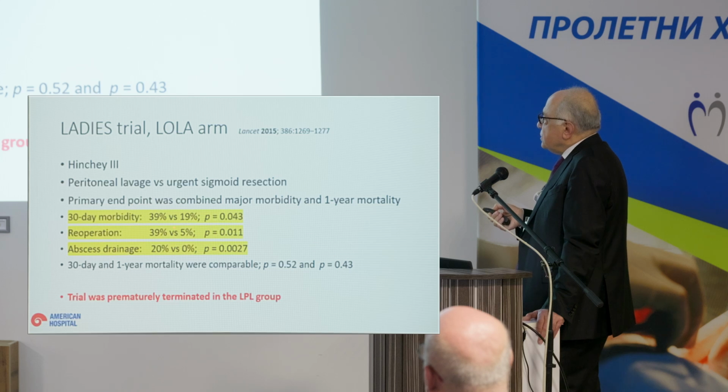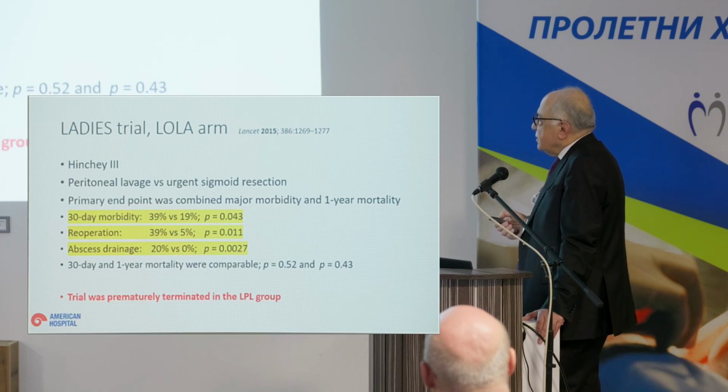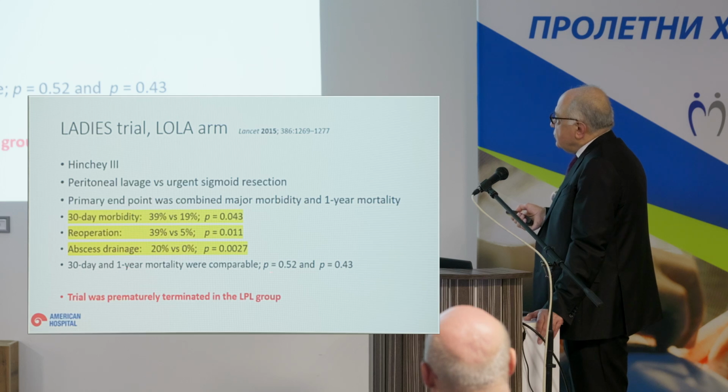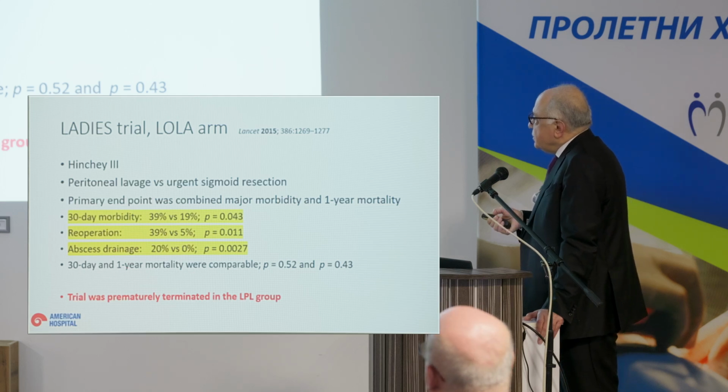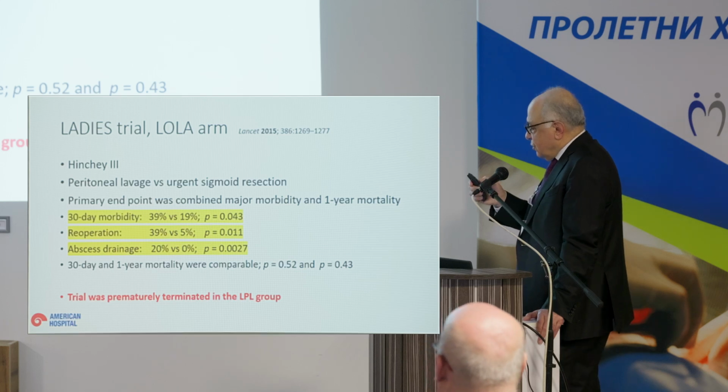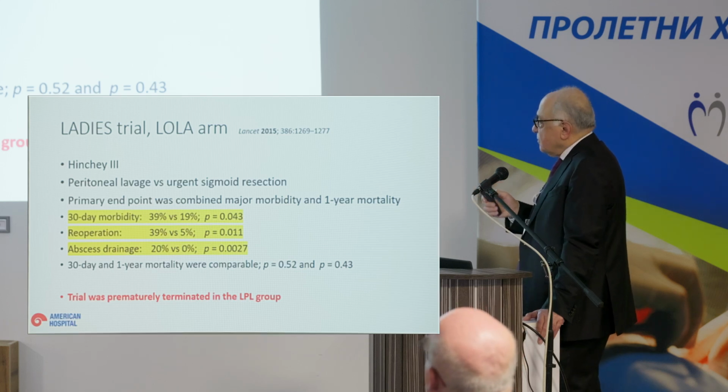The reoperation rate was again very high, 39%. And the need for abscess drainage after the procedure was high, about 20%. But the mortality rates were comparable for both techniques. And the study was prematurely terminated in the laparoscopic peritoneal lavage group because of these bad results.